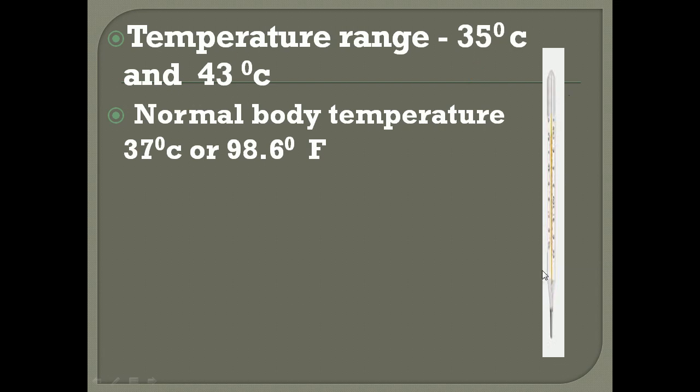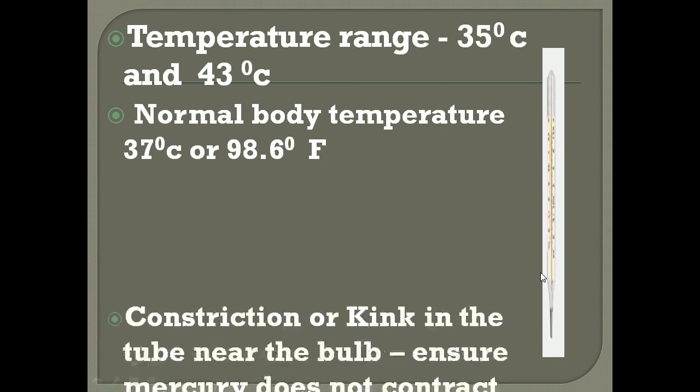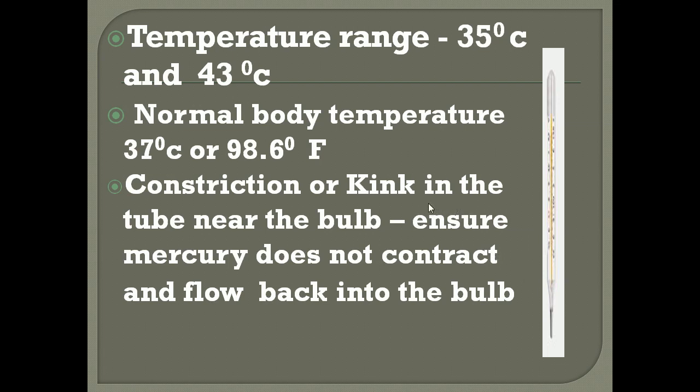There is a constriction or kink in the tube near the bulb, which prevents the mercury from contracting and flowing back into the bulb.